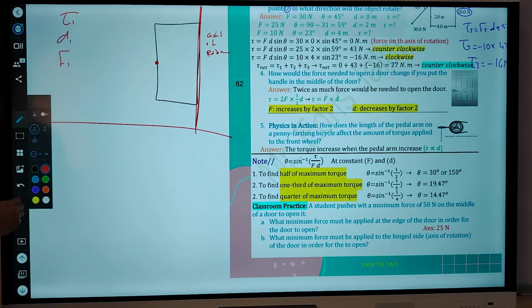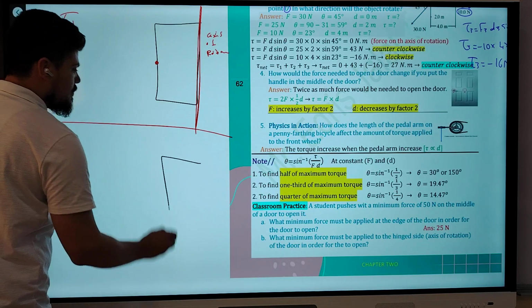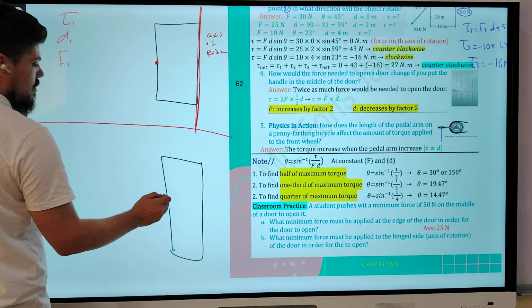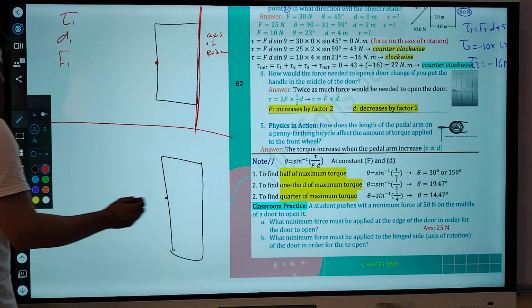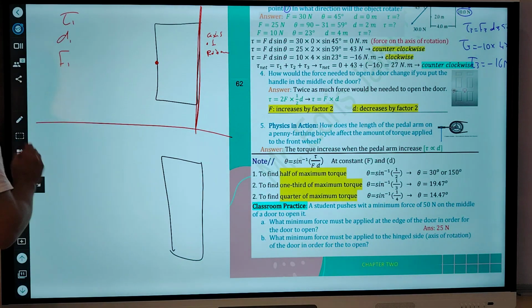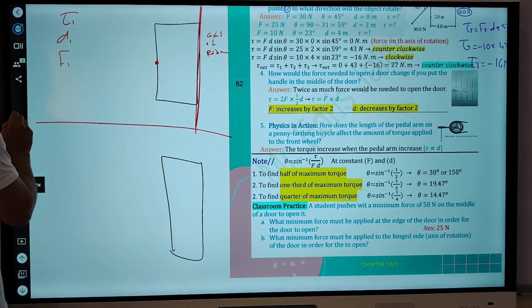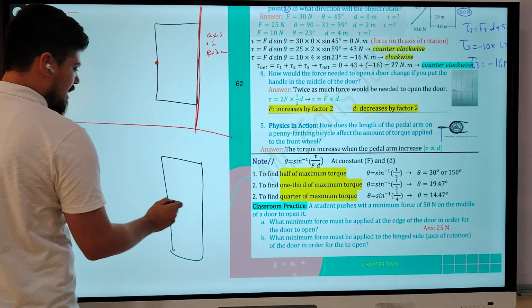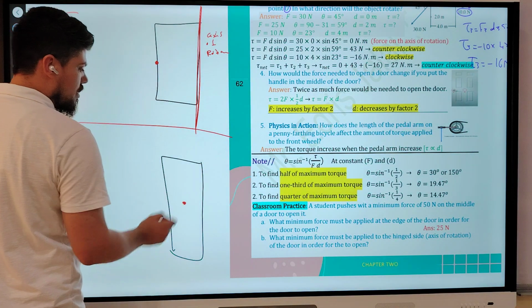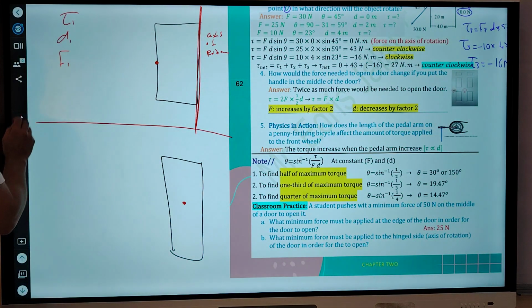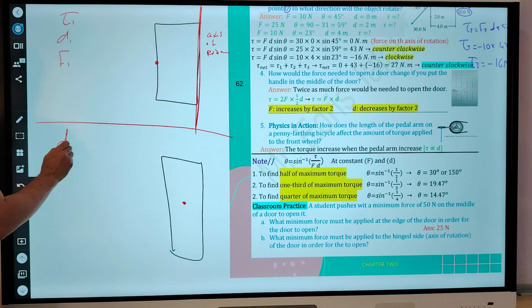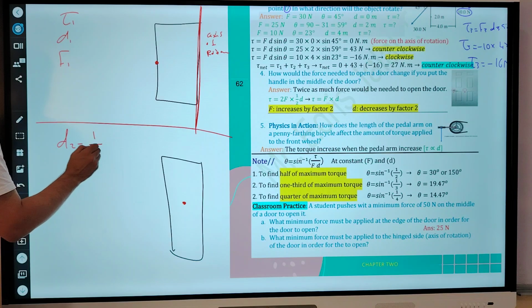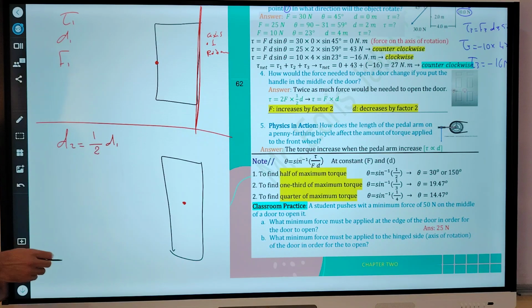Okay? In the second case, if we change the handle of the door from the farthest point to the middle of the door, it means that D2 is equal to half of D1.